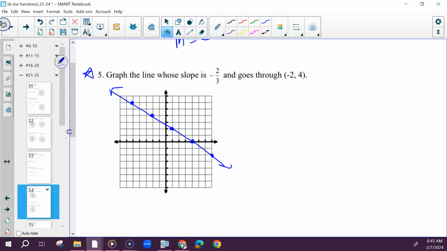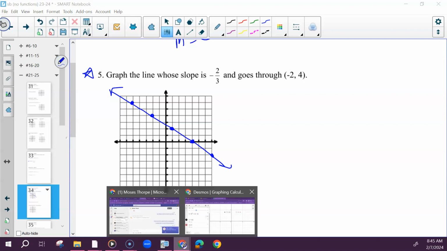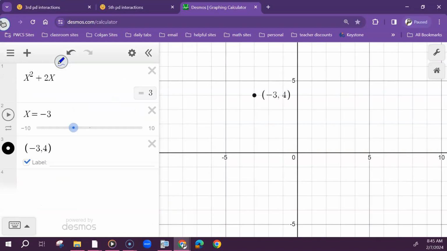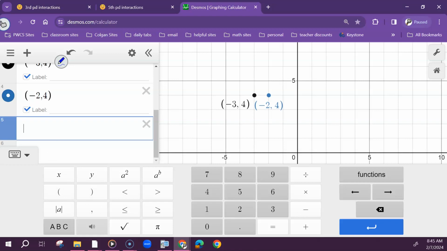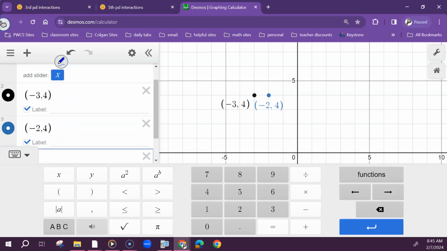But if you wanted to check yourself in Desmos, you would put in the point (-2, 4). Put in your y equals mx plus b.